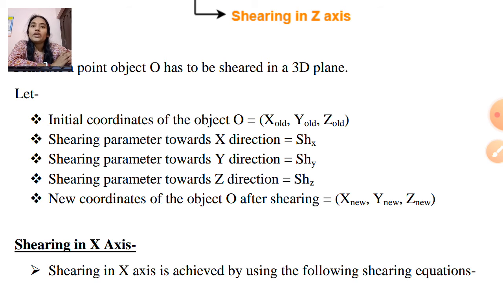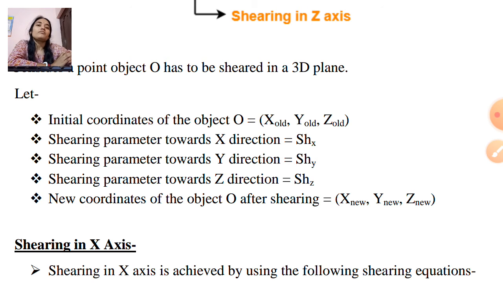When we shear the object O in the x direction, the shearing parameter is shx. When we shear the object O in the y direction, the shearing parameter is shy. When we shear the object O in the z direction, the shearing parameter is shz. The new coordinate of the object O after shearing is x new, y new and z new.